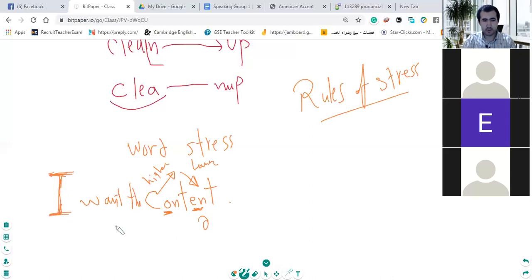We stress the verbs, action verbs, or verbs that show necessity, or verbs that give the meaning. If the meaning changes, or if we don't stress this word the meaning will not be clear, so we stress it.